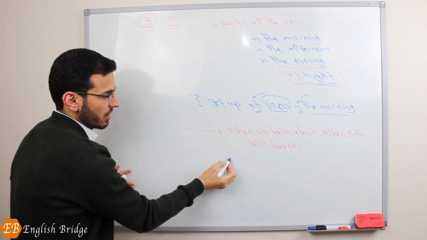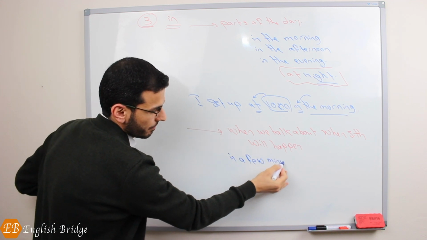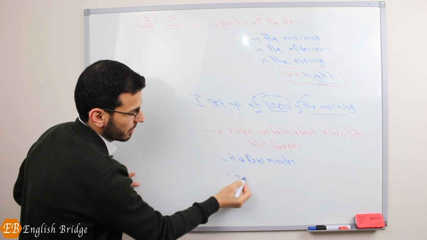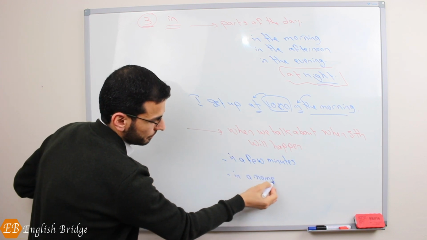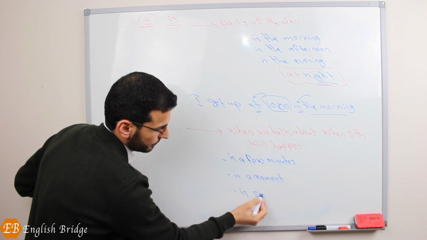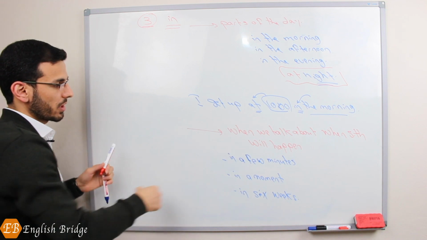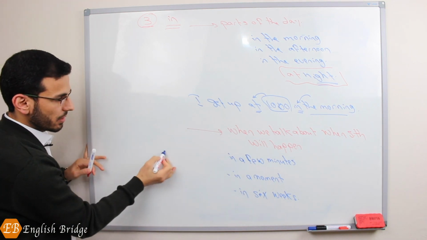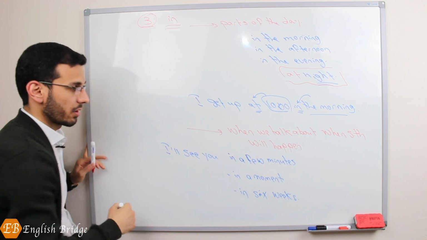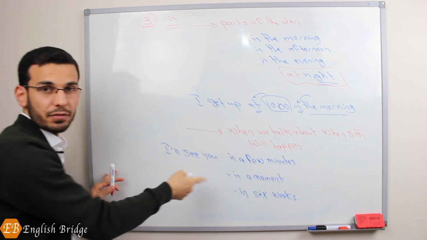For example, in a few minutes, in a minute, or in a moment, or in 6 weeks. All right, etc. So you can say, I'll see you in a few minutes. All right, it means that this thing will happen in a few minutes.